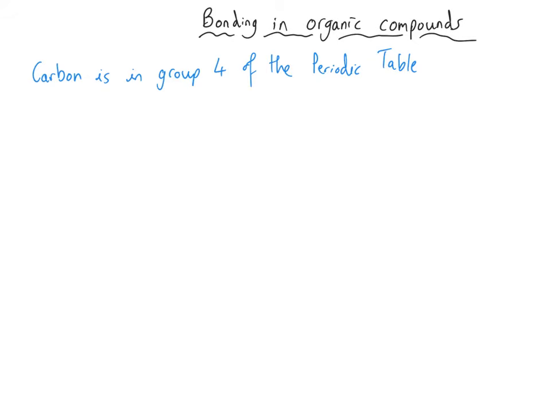I said that organic chemistry is a study of carbon compounds, so it's worth taking a look at the bonding in organic compounds, focusing on carbon in this first instance. Now, carbon is in group 4 of the periodic table. And so this means that it's got 4 electrons in its outer shell.